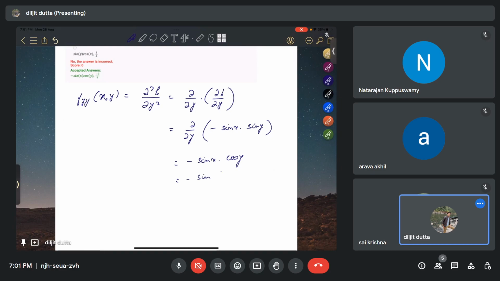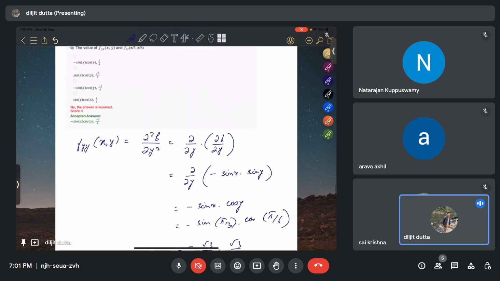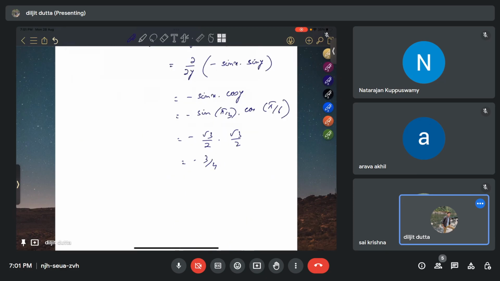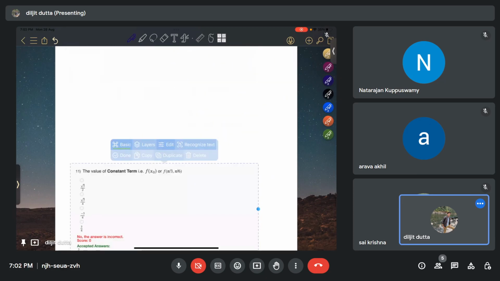Minus sin pi by 3 into cos pi by 6. Sin 60 is root 3 by 2, cos 30 is root 3 by 2, so minus 3 by 4. So the answer is minus sin x cos y, which is minus 3 by 4.